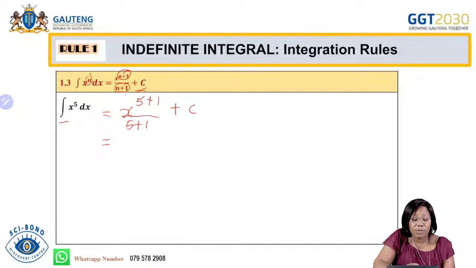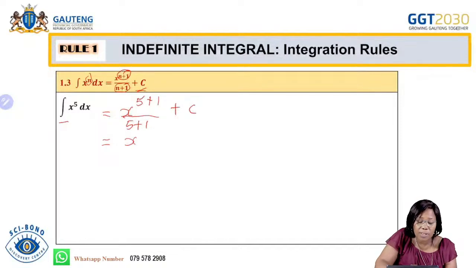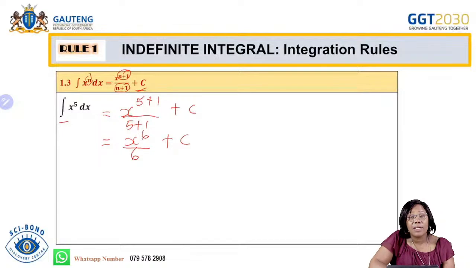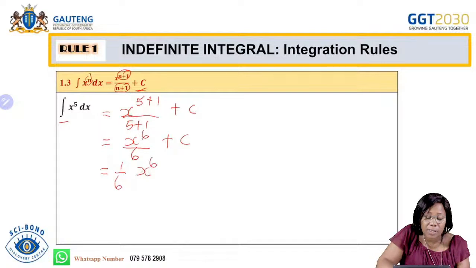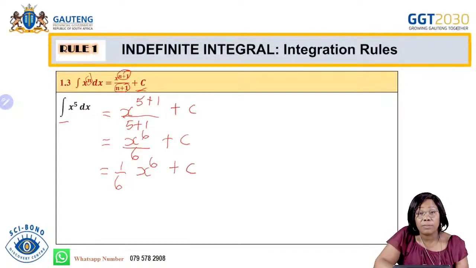And then this gives us x to the power 6 over 6 as being our answer, and remember it is plus c. Sometimes this can be written as 1 over 6, the same thing, and then you can just put that x to the power 6 on the side there, plus c.